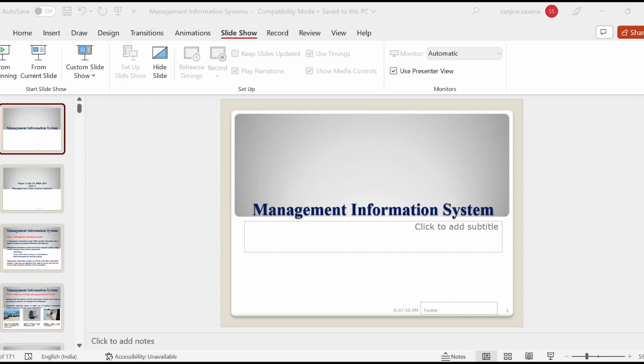Data and information. Now this is very crucial. There is a distinction between data and information. Data means raw facts and figures. Information is processed data. An example of data is if I just write 1 2 3 4 10 20 30 40. It is raw in the sense that nobody can make out what these numbers stand for.